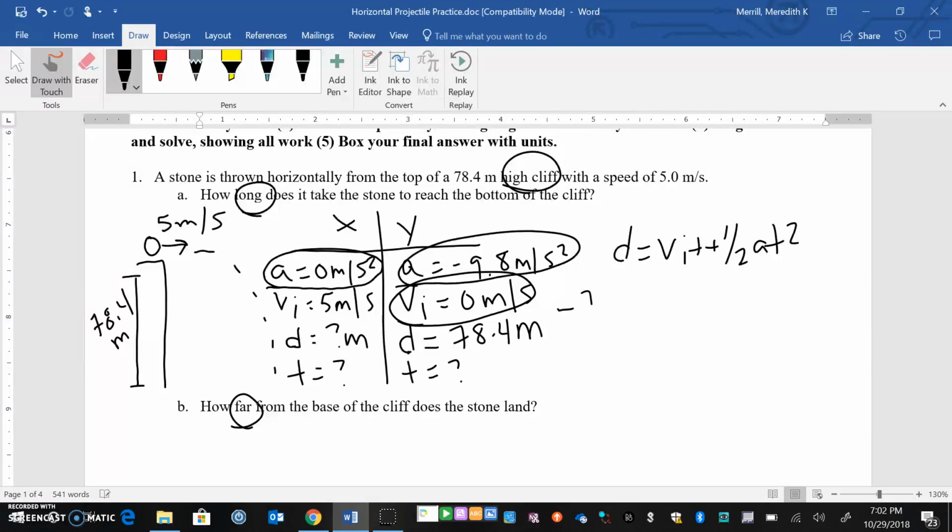My distance is 78.4. I'm going to add a negative because it's falling 78.4 meters. My initial velocity is 0, so this whole term cancels out, and I'm left with 1/2 times negative 9.8 t squared. I'm going to simplify this first: 1/2 times negative 9.8 is negative 4.9.